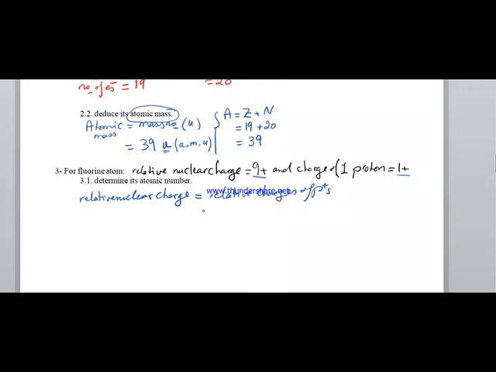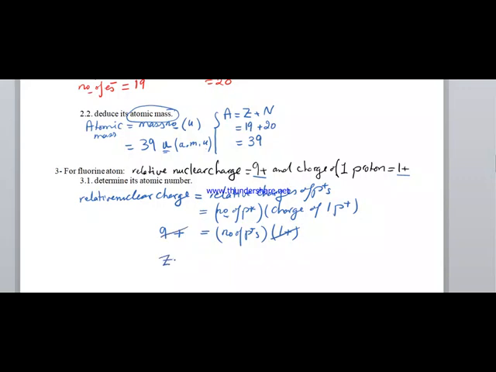The relative charge of the proton is equal to the number of protons times the charge of one proton, so 9 plus equals the number of protons times 1 plus, divided by 1 plus.